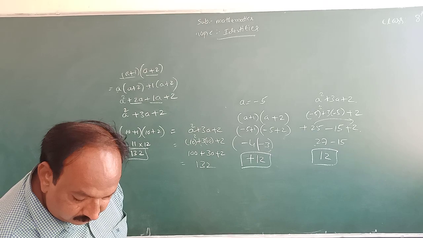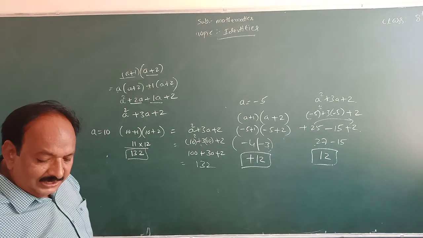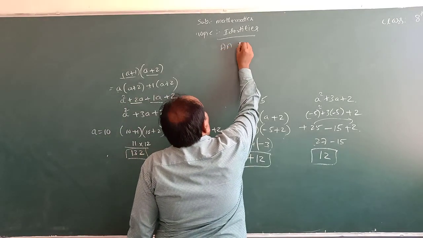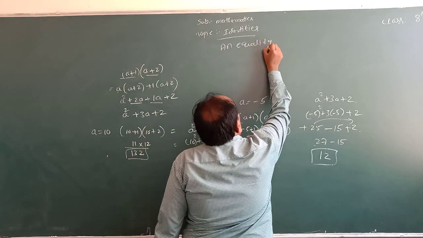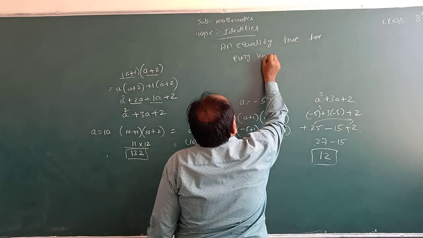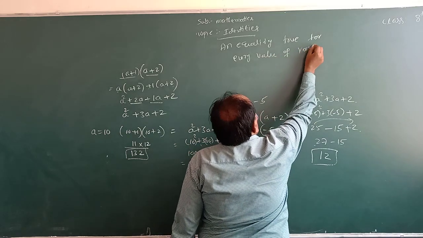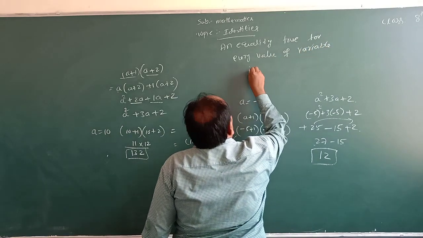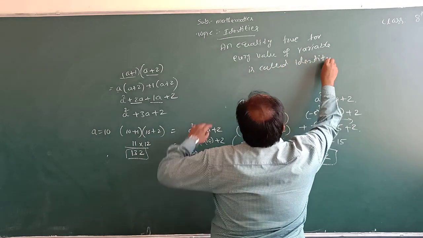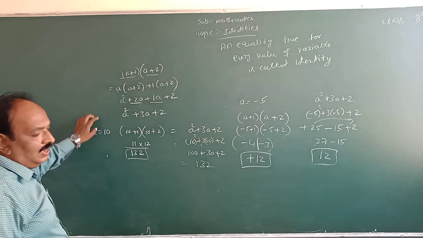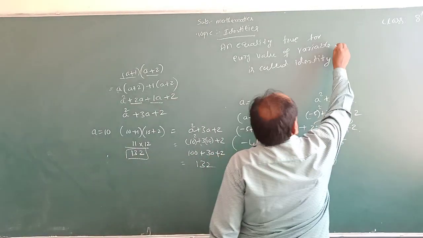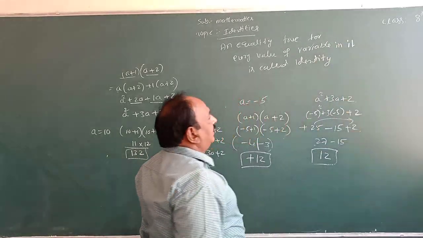So, an equality true for every value of the variable is called an identity.